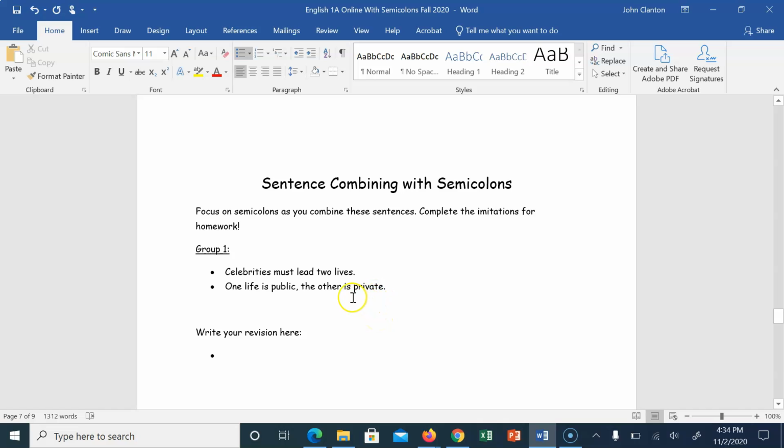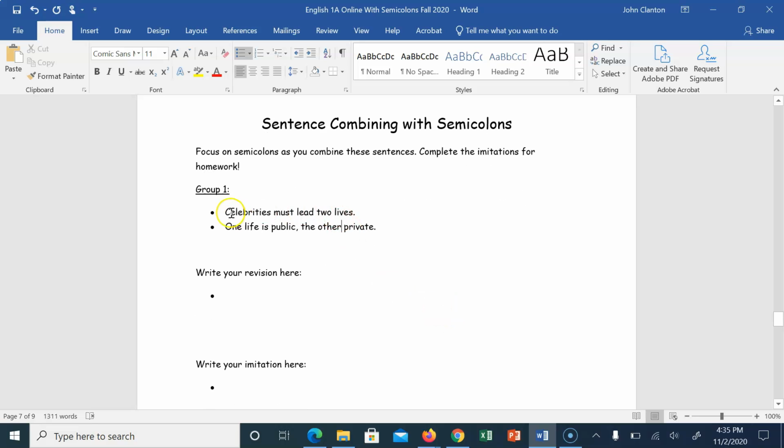So if you want to, you can get rid of the verb in the second clause here, as long as it's the same as this. So you can do that. You would just get rid of that verb because the verb is implied, right? One life is public, the other private. So it kind of gives a little more pizzazz, right? It sounds more sophisticated.